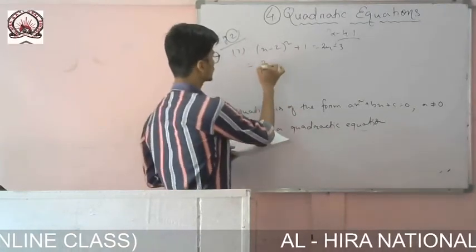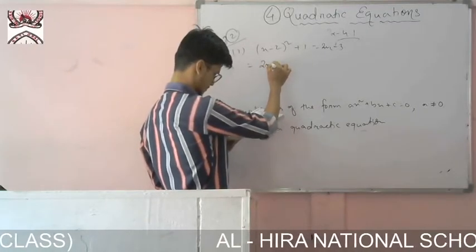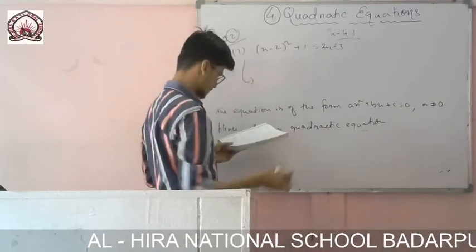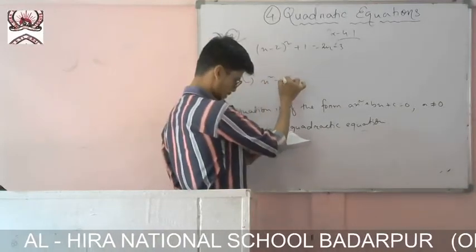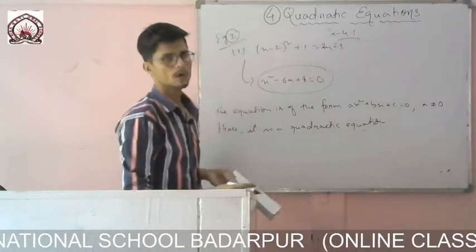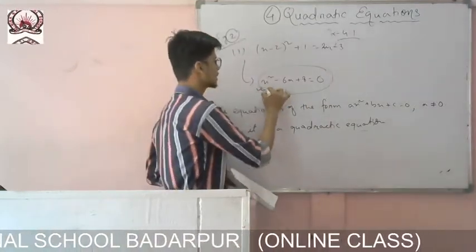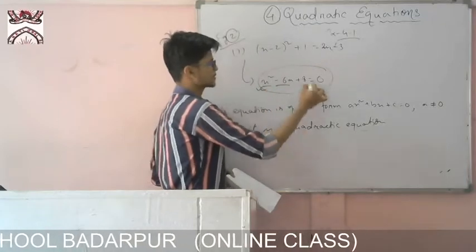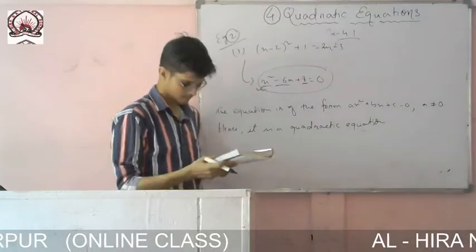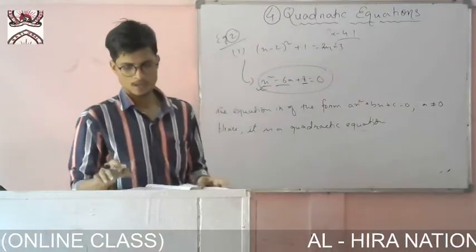It came 2x minus 3. Okay, so I am writing the ultimate answer. What came? It came x square minus 6x plus 8 equals 0. So can you say whether it is a quadratic or not? Yes, it is a quadratic equation. It is of the form ax square plus bx plus c equals 0. So it is a quadratic equation.